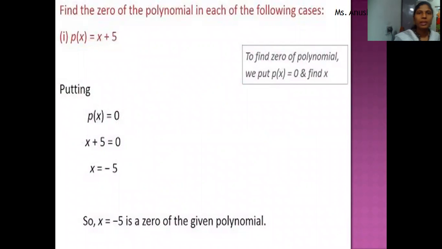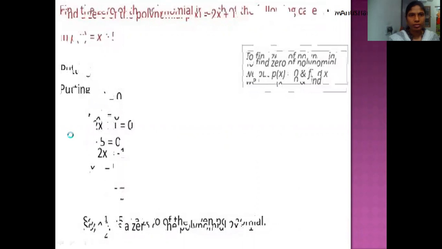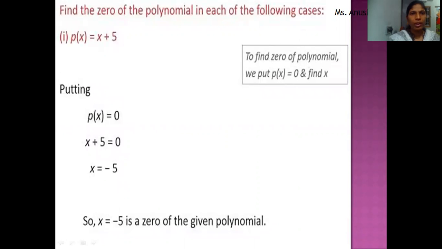Here are some examples. Find the zero of the polynomial in each of the following cases. p of x equal to x plus 5. We have to find the zero of the polynomial. To find the zero of the polynomial, we put p of x equal to 0 and finally find x.